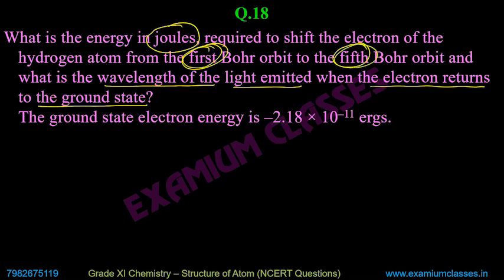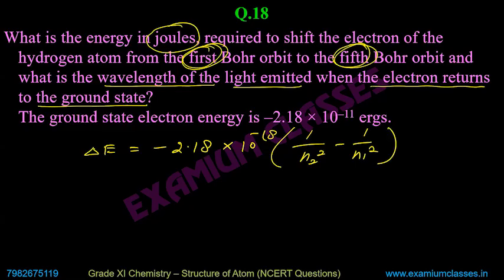If I am using the formula with 1 by n2 square minus 1 by n1 square, what is n1? What is n2? You can tell me in the chat window. If you are so shy, otherwise you can raise hand.